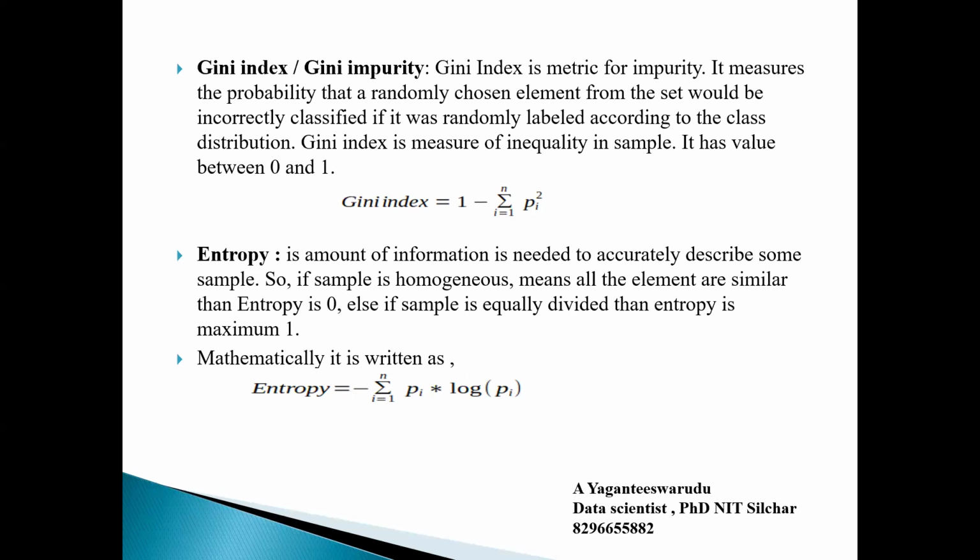What exactly is Gini index or Gini impurity? See, the name itself is telling: it is impurity. When I calculate the Gini index, do I need to take the higher value or the lower value of that feature to make it the root node?